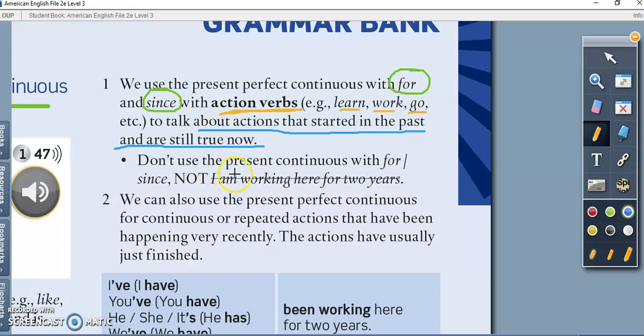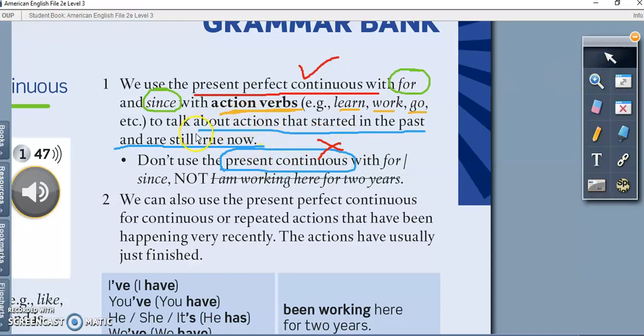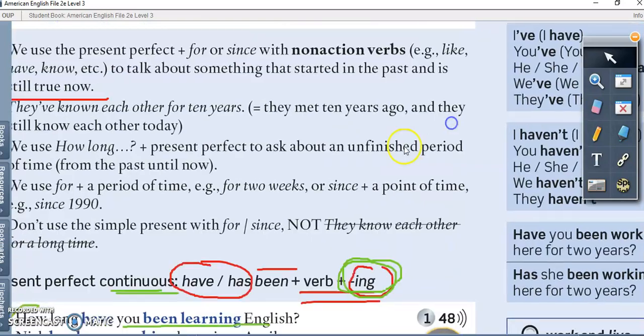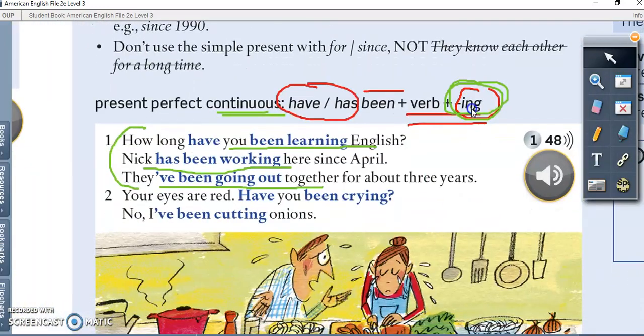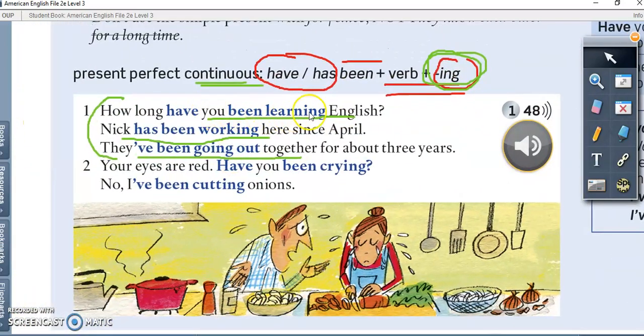Don't use the present continuous with for or since. We're going to use the present perfect continuous, yes. The present continuous, no. So all of the actions started in the past and are still true now. How long have you been learning English?